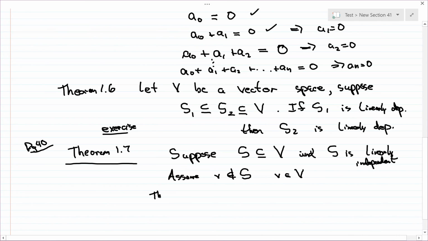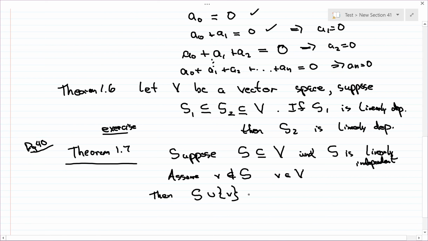The conclusion is what? If you make a new set, if you take S and union it with this other vector v, so whatever was in S, you just add the vector v to that collection. So that's making a bigger set. Then what can you say about this new set? This thing is linearly dependent.